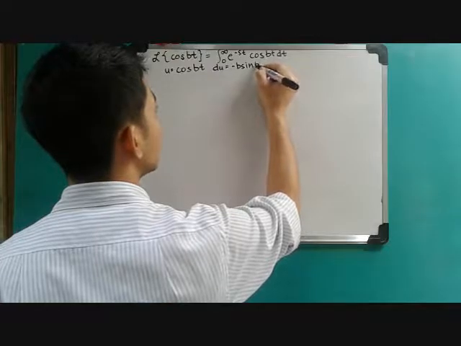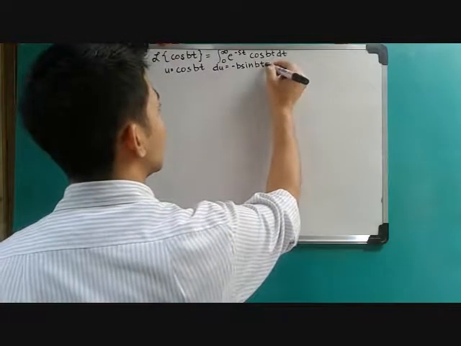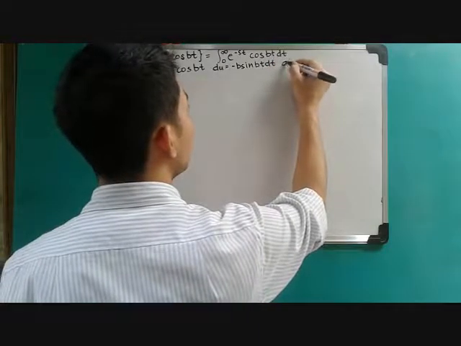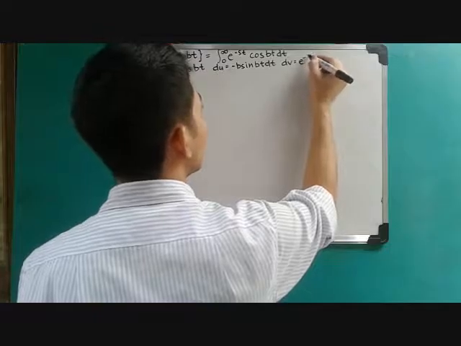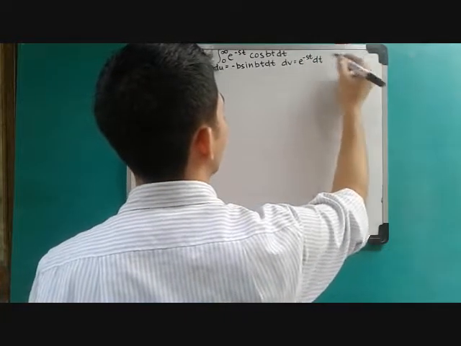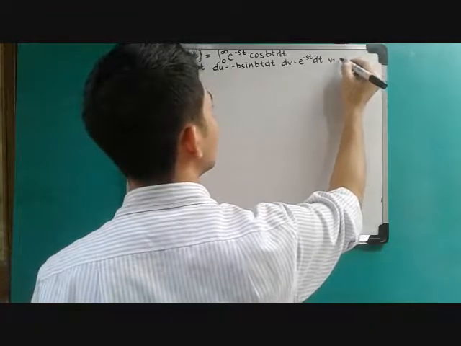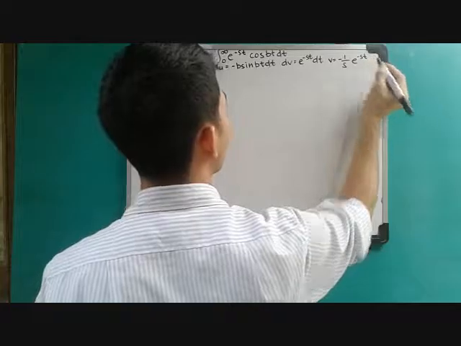So negative b sine bt. Your dv is equal to e raised to negative st dt. And the integration of that is negative 1 over s e raised to negative st.